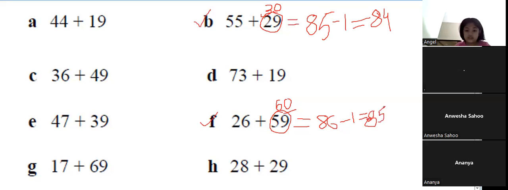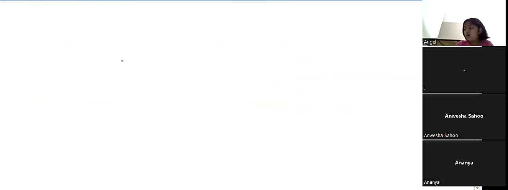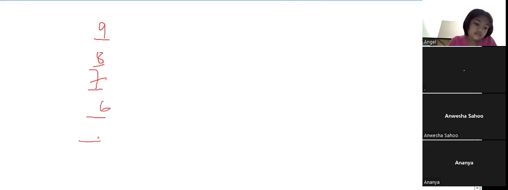Anvesha, you tried it already. This approach is not only applicable for numbers ending with 9, it is also applicable for numbers ending with 8, 7, 6, and up to 5 we can do.